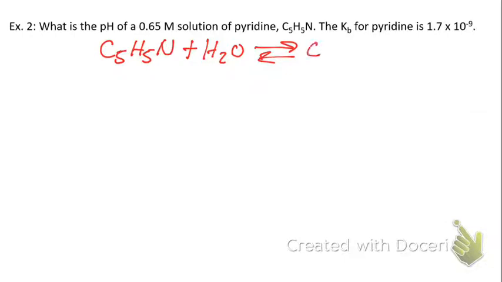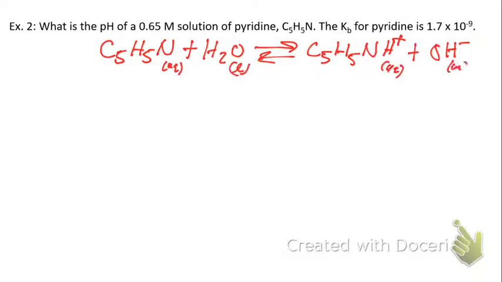At equilibrium, our conjugate acid forms because the water donates an H+ to our weak base, which leaves us with the conjugate base OH-. This is aqueous, liquid, aqueous, and aqueous. So, ICE table.